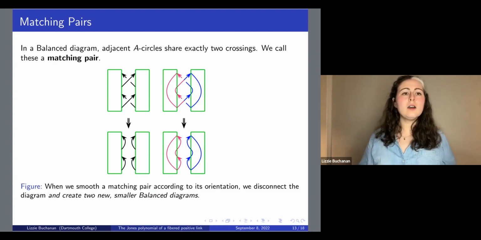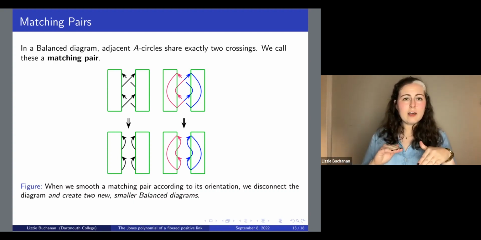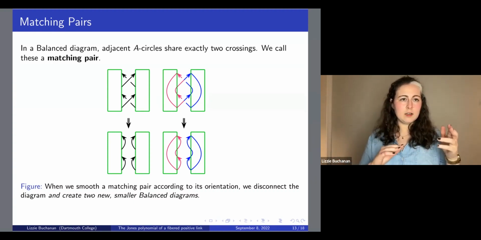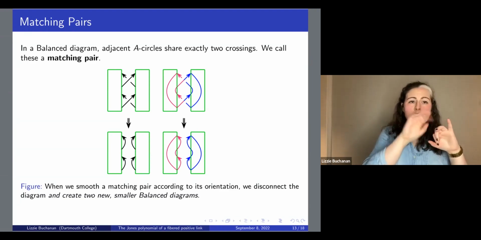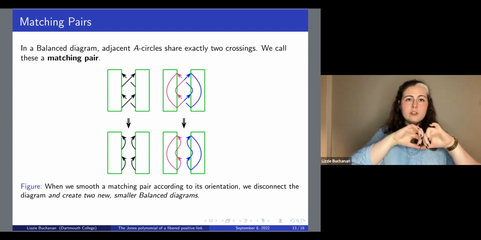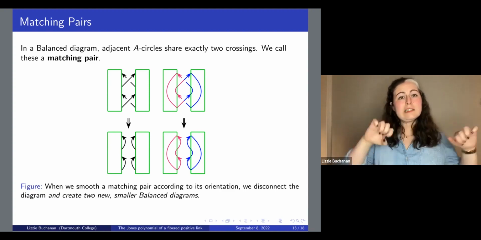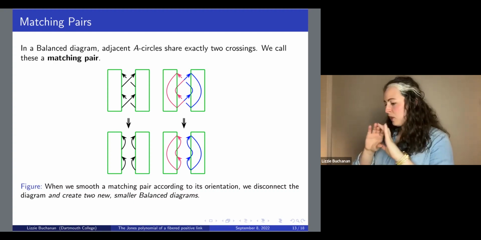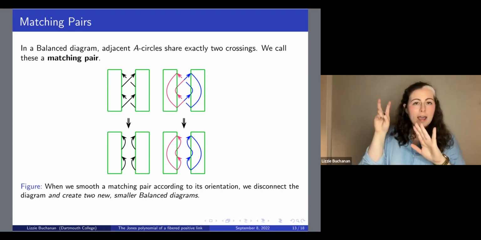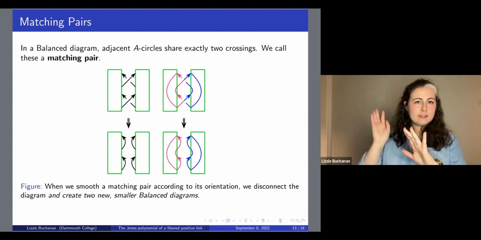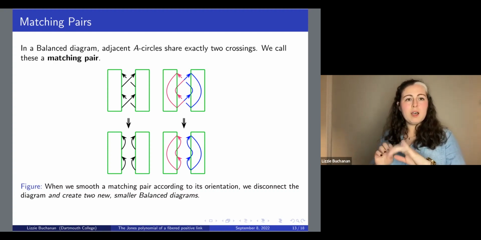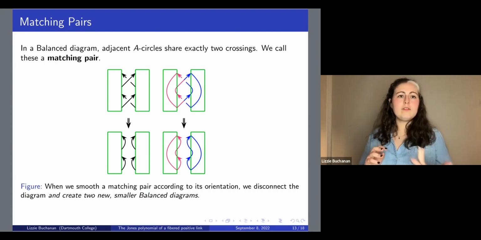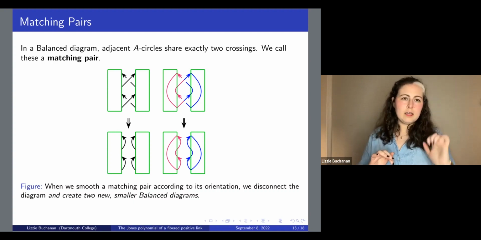So again, since the underlying reduced A state graph of this balanced diagram is a tree, we do know that if we had smoothed these 2 crossings according to their orientation, we would actually disconnect the diagram. So we can draw the matching pair with half of the rest of the diagram on the left in a green box and the remaining half of the diagram on the right in the other green box.